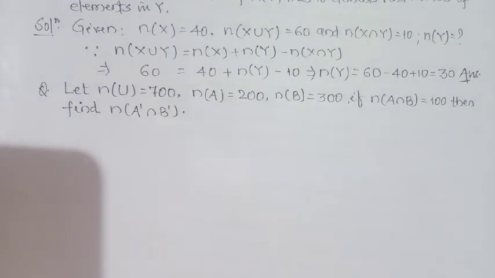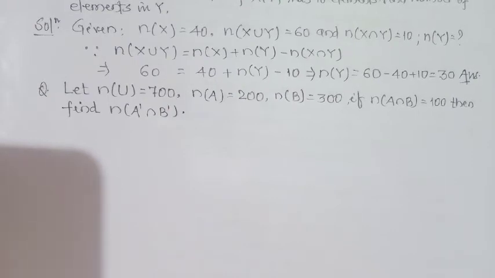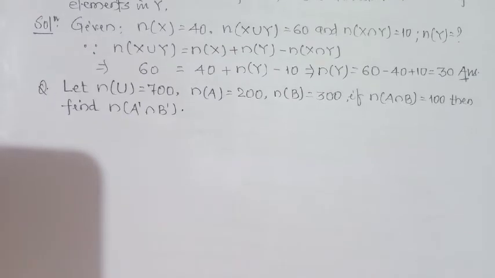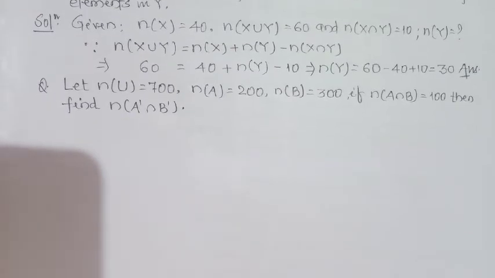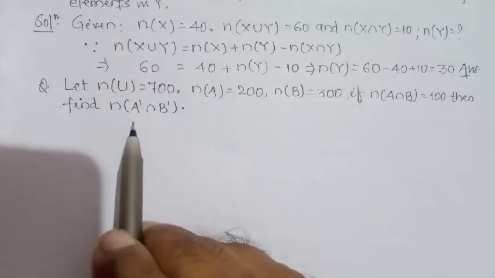Number of elements of the universal set is given as 700. Number of elements of set A is 200, and set B is 300. If number of elements of A intersection B is 100, then find number of elements of A complement intersection B complement.